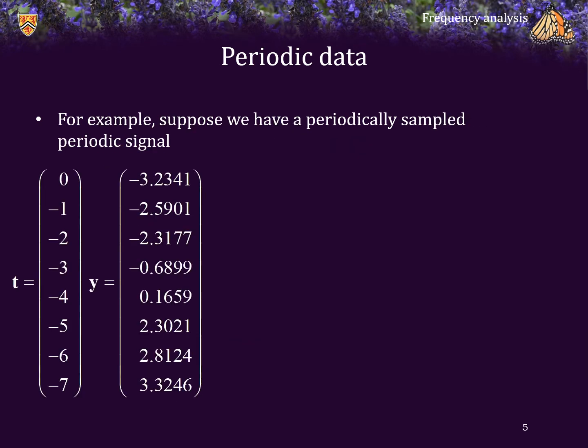So for example, suppose we have a periodically sampled periodic signal with noise. So for the last 8 readings, we have these values that were recorded. Now, suppose that we know that the signal is periodic and that the angular frequency is 0.32.